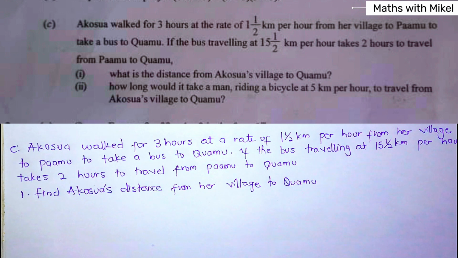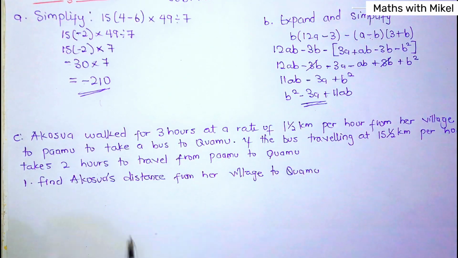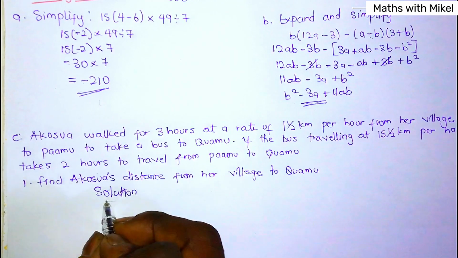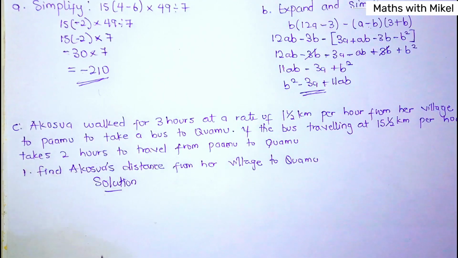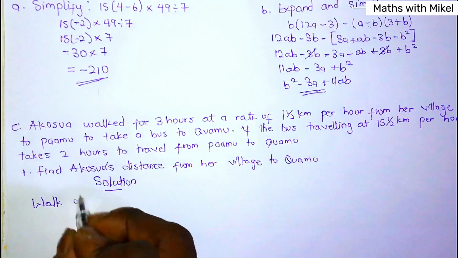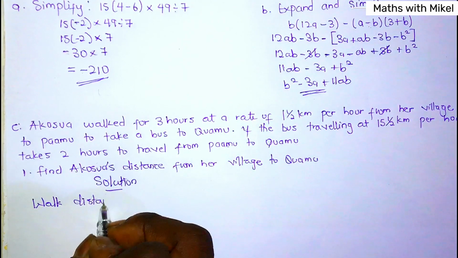Okay, so let's get into it. So Akosia walked and later she took a bus. So let's find the walk distance. So solution. So I say walk distance.